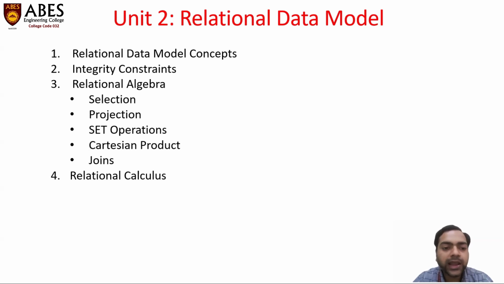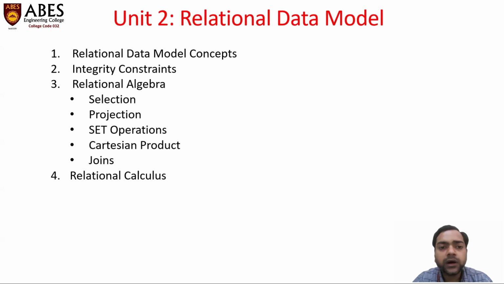Basically, query language is divided into two parts: procedural query language and non-procedural query language. Relational algebra is based on procedural query language and relational calculus is based on non-procedural query language. Both these terms, relational algebra and relational calculus, are used to fetch or retrieve the data from the relation in different aspects.